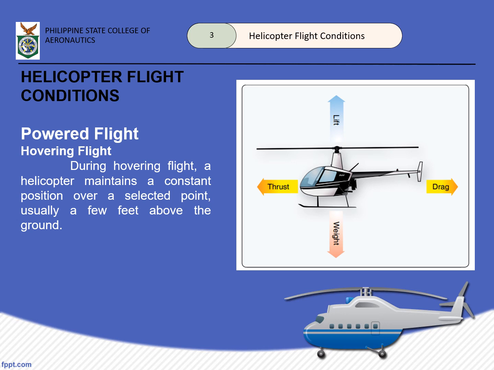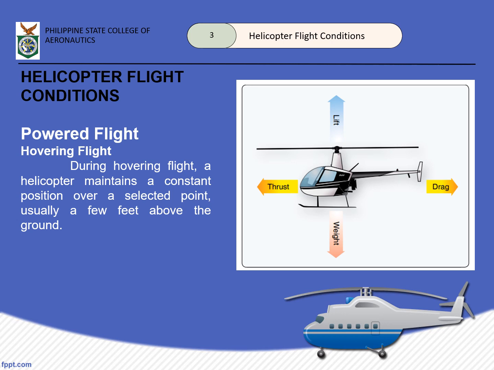So, first our cyclic is used to eliminate drift in the horizontal plane. These control forward, backward, right, and left movement.